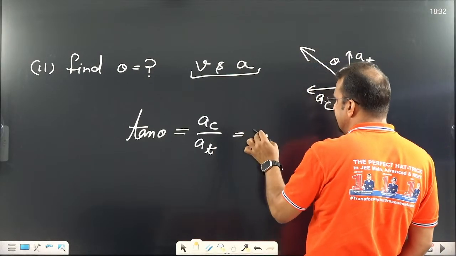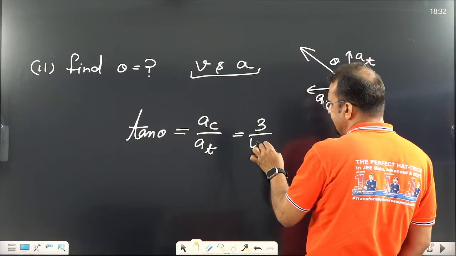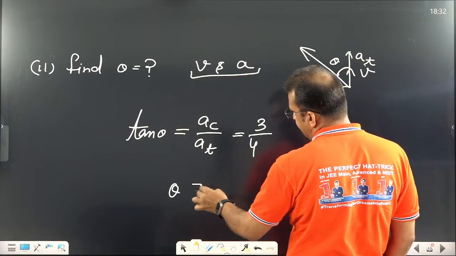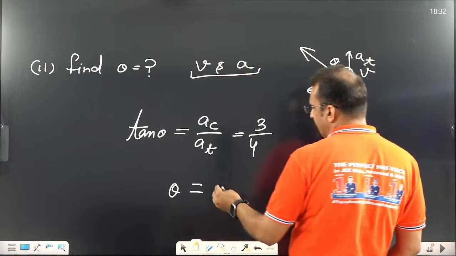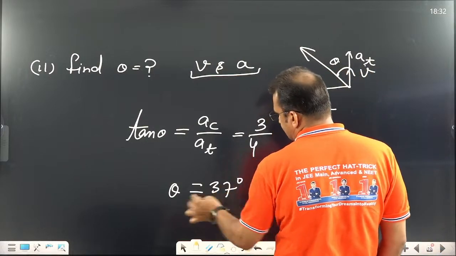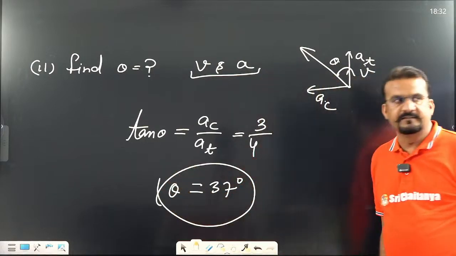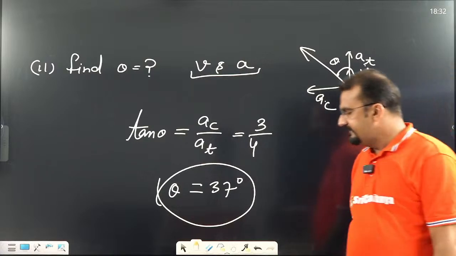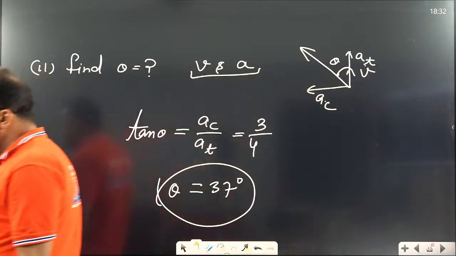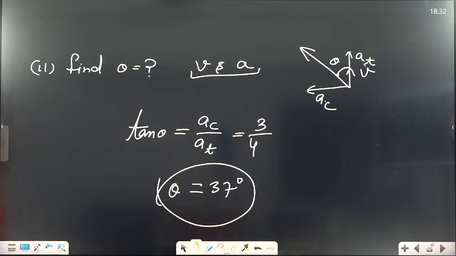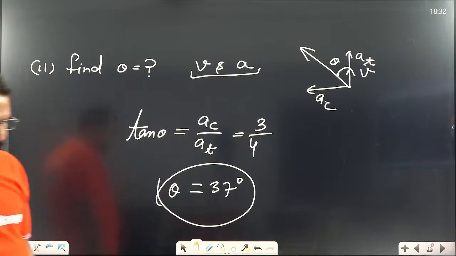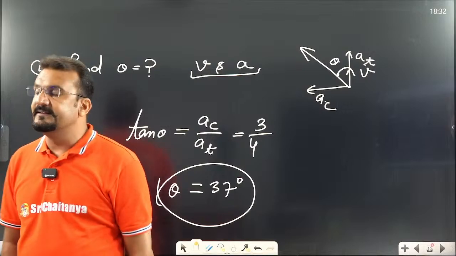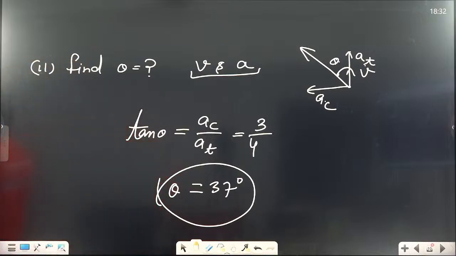What is AC? AC is 3, AT is 4, so tan theta is 3 by 4, where theta is 37 degree. Remember this. This is an acute angle. That's why I told you speed is increasing at this rate, so speed increasing rate is given and we have to solve it like that.